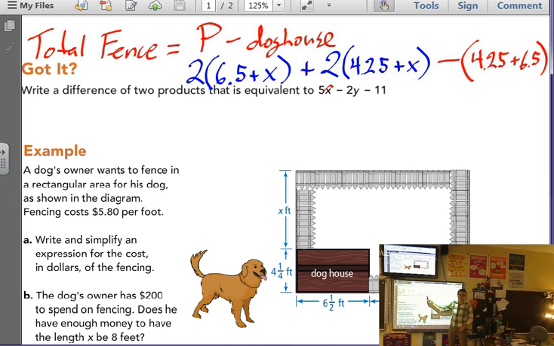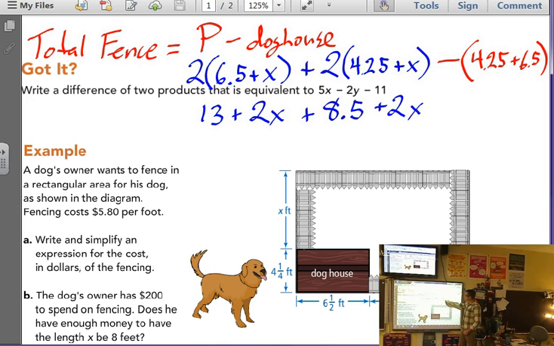Ozzy? 13 plus 2x. Yeah, 13 plus 2x. Plus my next distribution, Anish. 8.25 plus 2x. Ooh, 8.5 plus 2x.